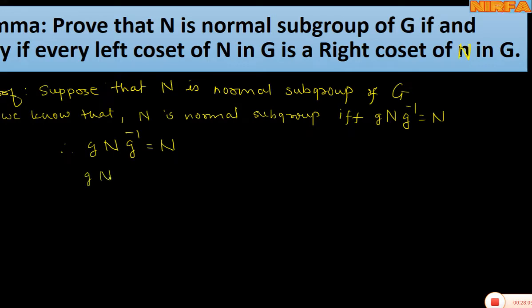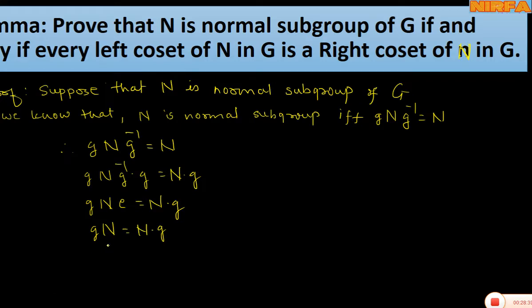So you can write G N G inverse into G is equal to N into G. We know that G inverse into G is the identity element, therefore it is G N E is equal to N into G. The identity element never affects a product, therefore we can write G N is equal to N G. And if you observe, this is a left coset of N in G and this is a right coset of N in G, and that is what we want to show.